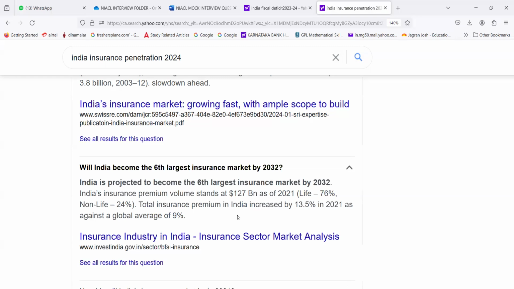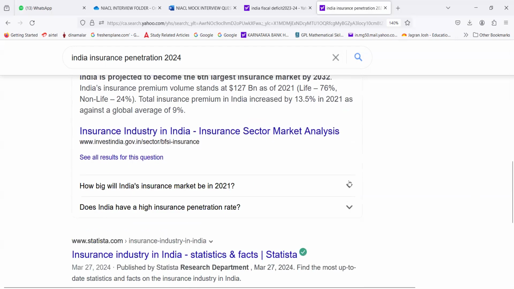Life 76%, non-life 24%. Total insurance premium in India increased by 13.5% in 2021. But that much detail is not required. But you can say, yes, it will become the sixth largest.